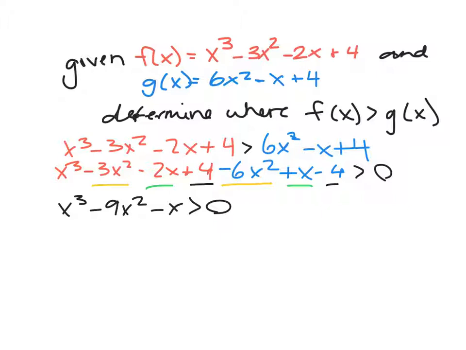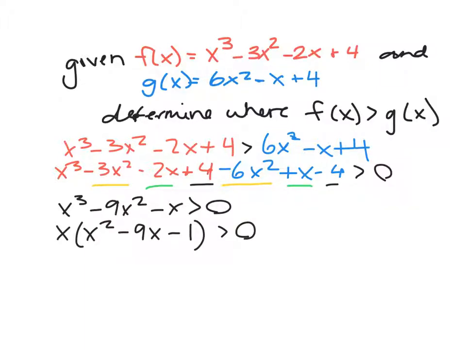So now that we have everything equated to 0, we want to try and solve for x. First, we can see, are there any greatest common factors? Well, all of these have x in them, correct? So we can go ahead and pull x right out to get us x squared minus 9x minus 1, remember, because that is a 1x, is all greater than 0.